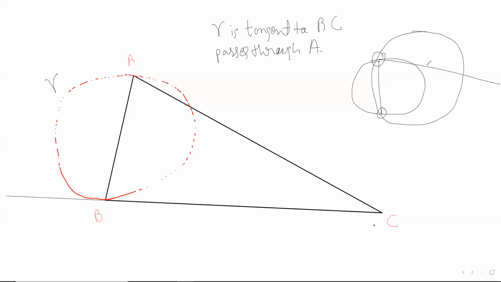Here, the hypothesis is passing through B and A. But obviously there is slightly more: you must be tangent to BC. So just think, why is it unique? I have to change my location, so just think about it, why it is unique.